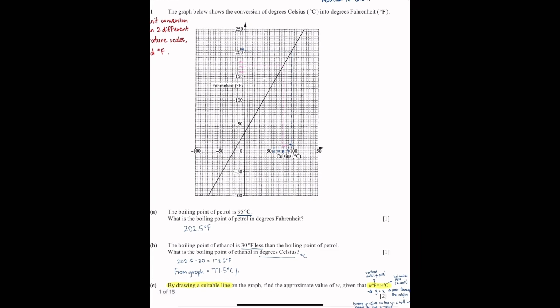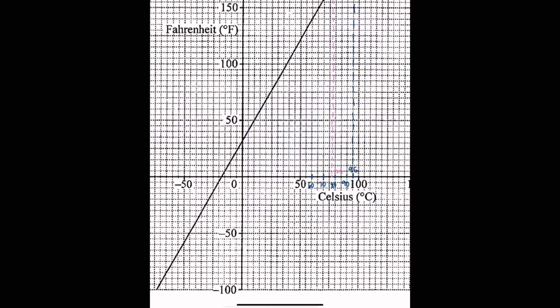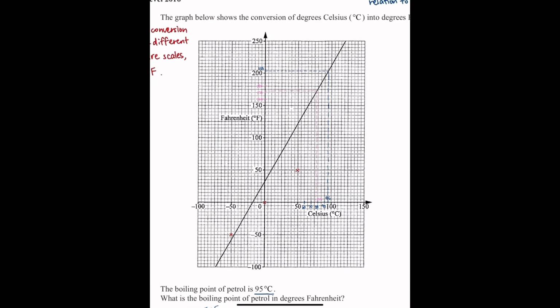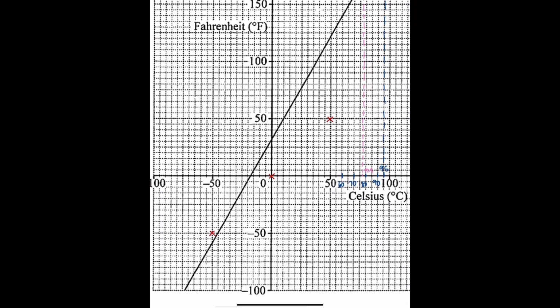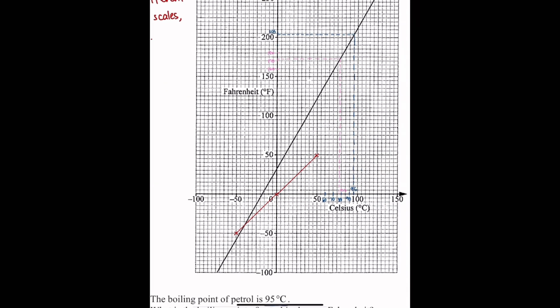So I can draw a line that passes through the point (50, 50), where the x value of 50 equals the y value of 50. I can also pass it through the origin and through (-50, -50). Let me draw the line in red. Using your ruler and pencil, you can draw a straight line through these three points.